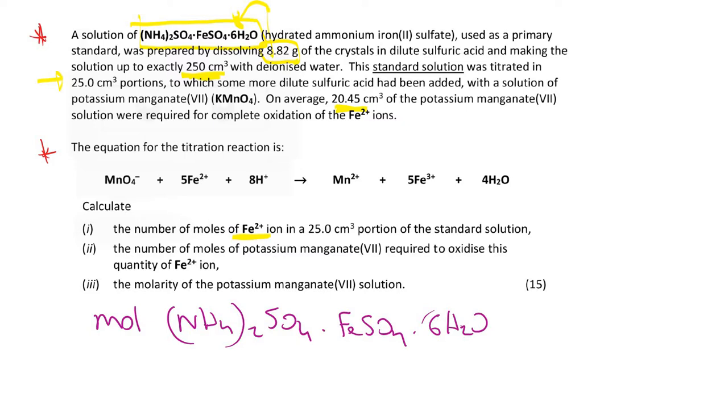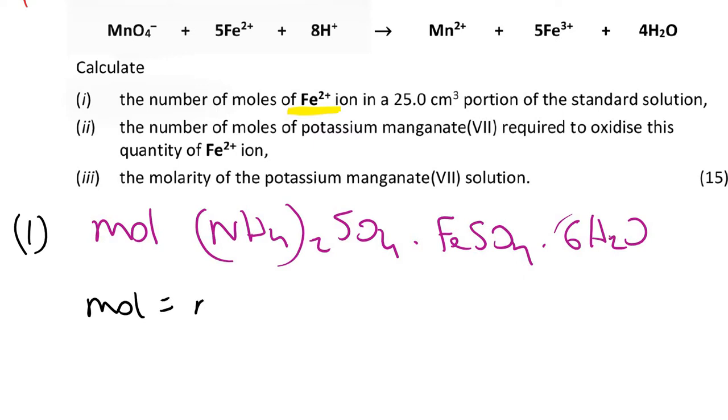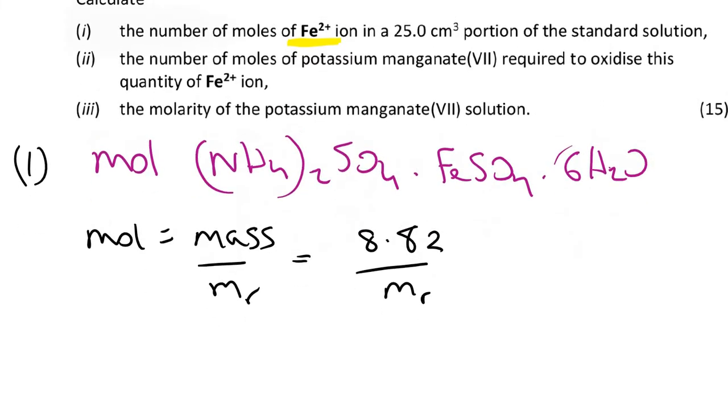All we're going to do is, whenever you're working out the number of moles of a substance, just like I said in the previous reactions, use the figures you're given and use your equations. Moles equals mass over Mr, equals 8.82 over Mr. Now, I need to work out the Mr. The Mr equals all of these things added up.